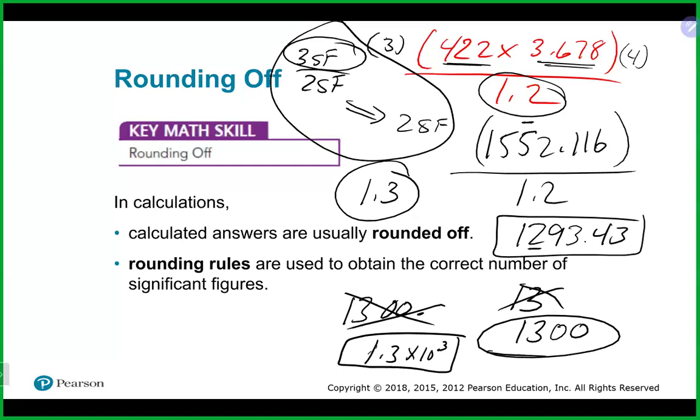Thinking about money is a good way to remember it. If you were to be paid $1,300, and somebody gave you $1.30, that is definitely not the same meaning in terms of that number. So although you did round it to the correct number of significant figures, you changed the meaning of that number, and you never want to do that when you round.